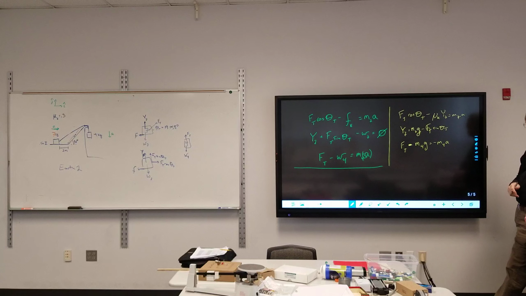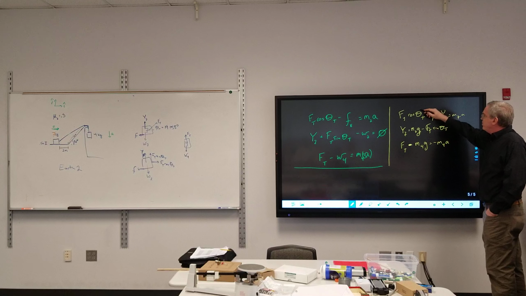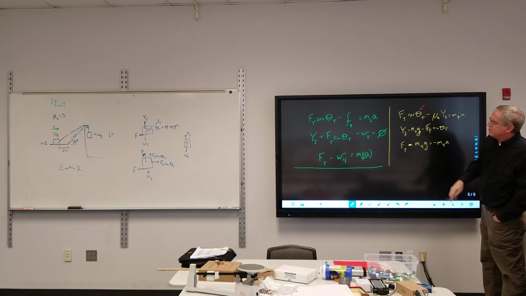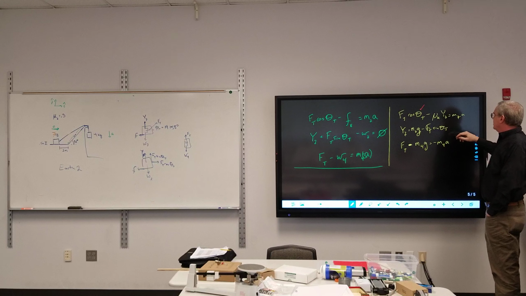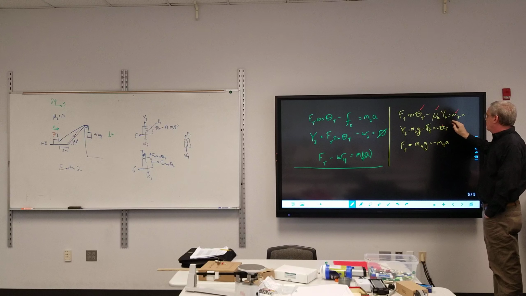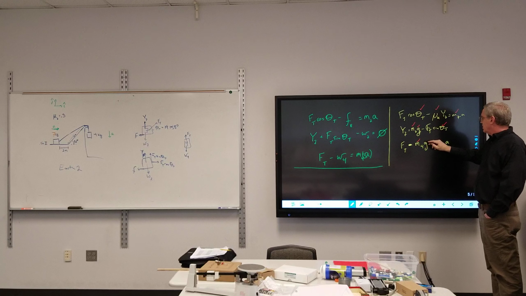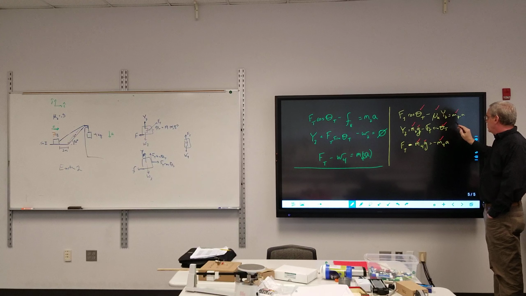Now let's just make sure that we have enough equations, that there's not some issue here. I know theta T, we calculated that to be 19.158 degrees. I know mu K, I know M7, I know theta T, I know g, and I know all of these.